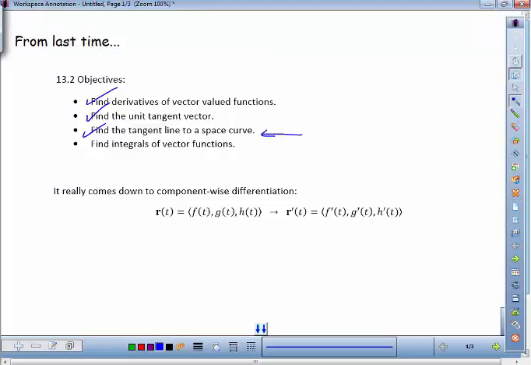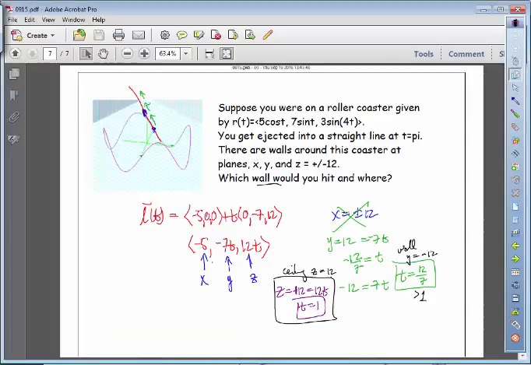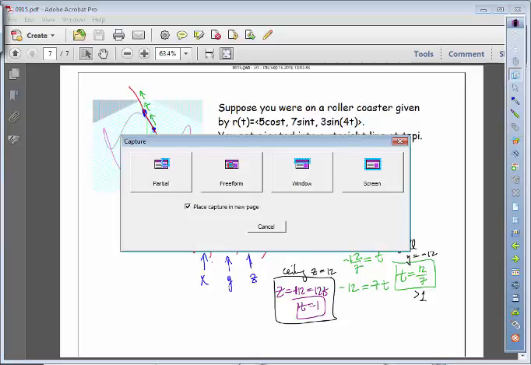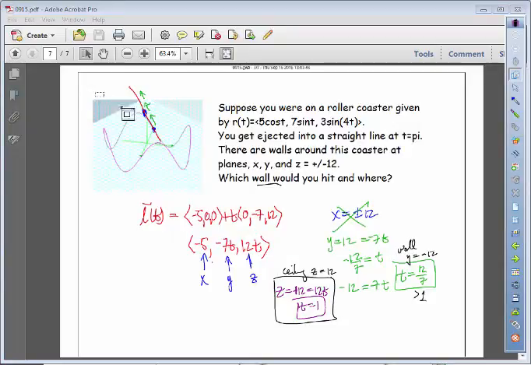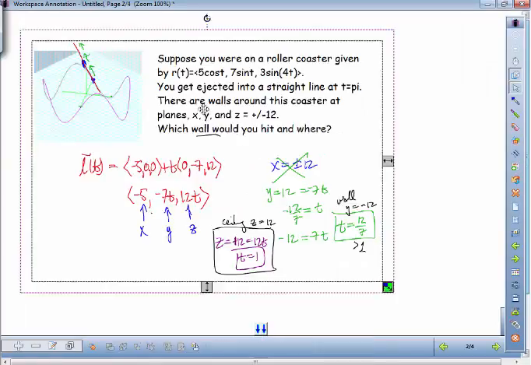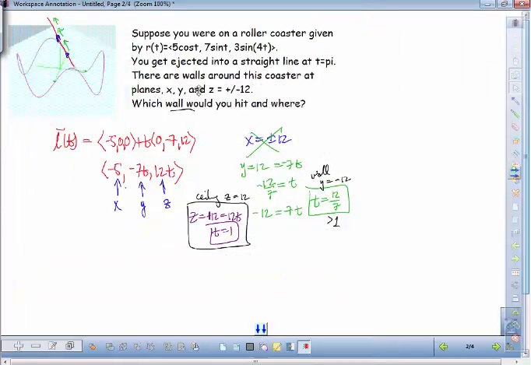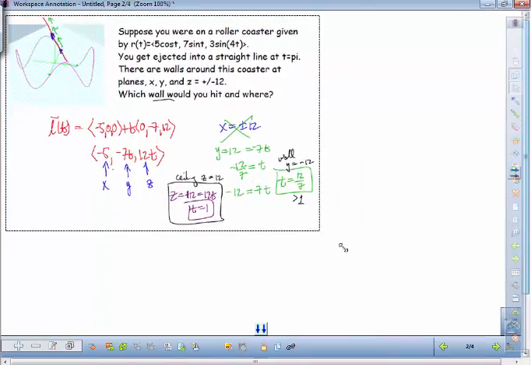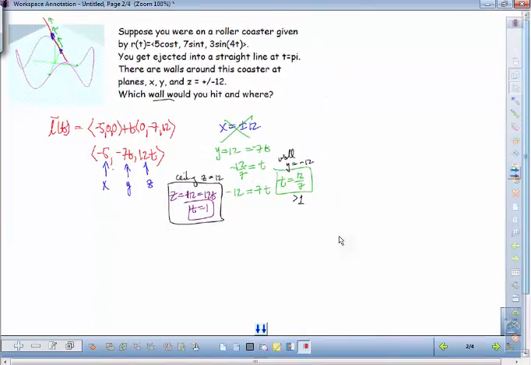So our problem from last time was this. This was the last page, so let me just take a quick picture of this. So this is from our notes from last time. We got the roller coaster thing.